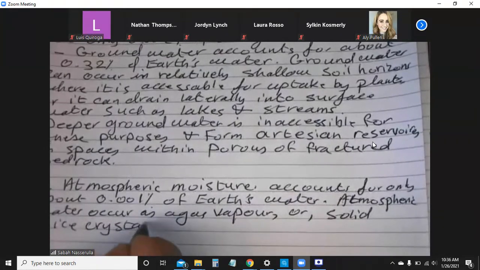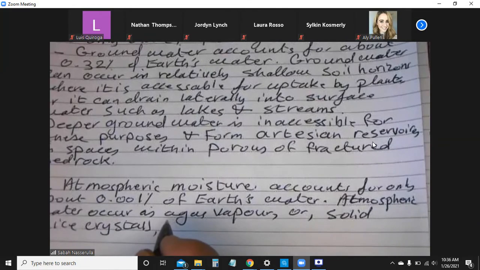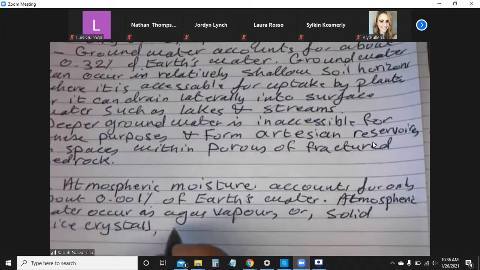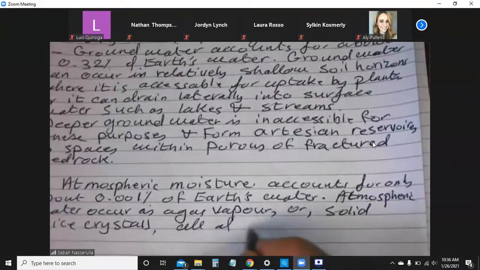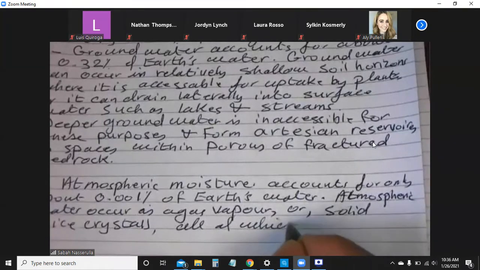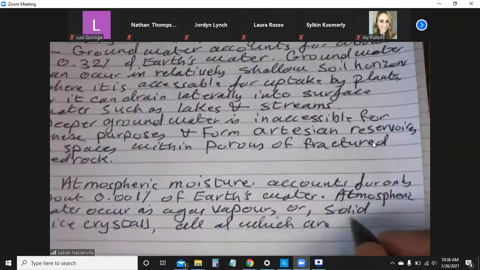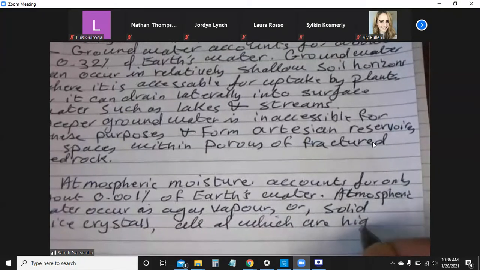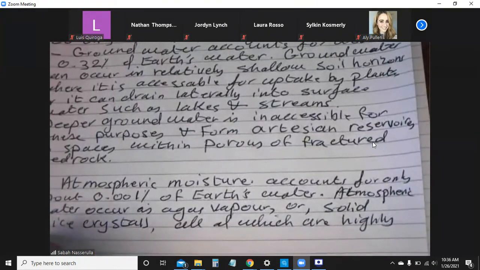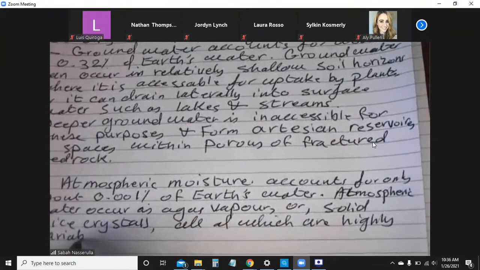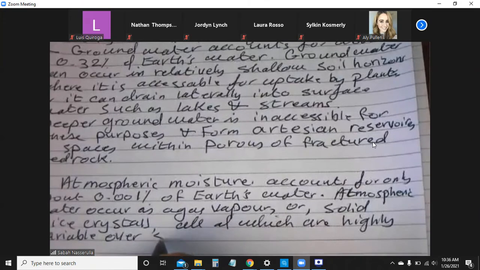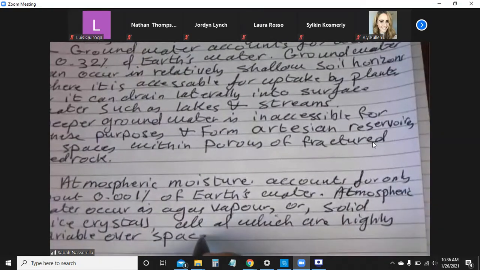All of which are highly variable over space and time.